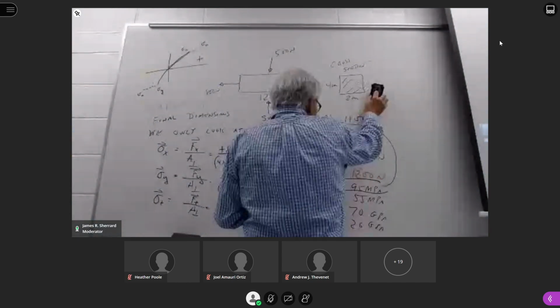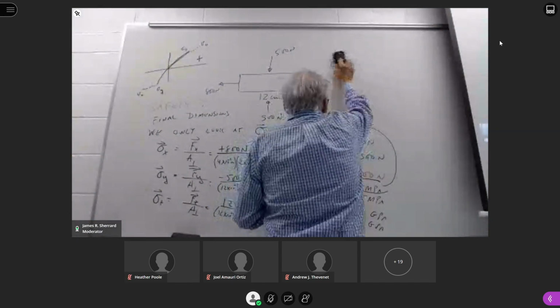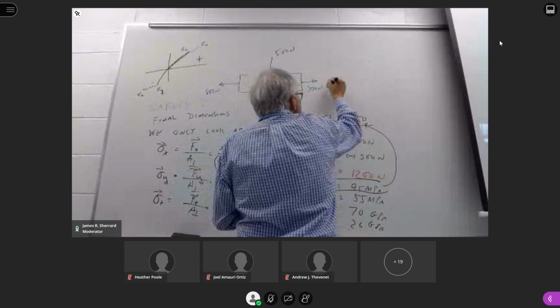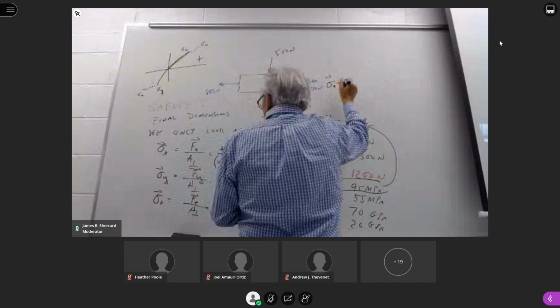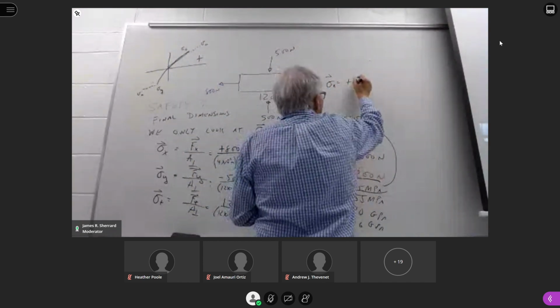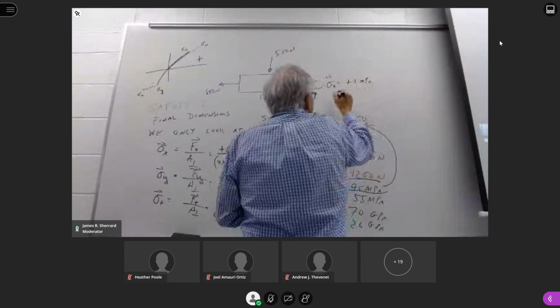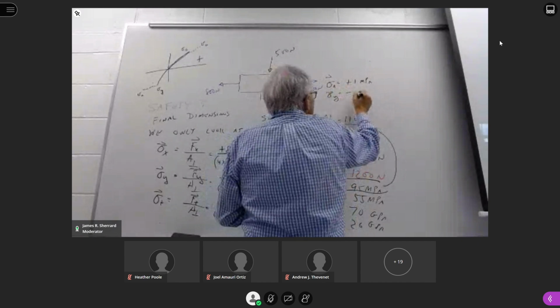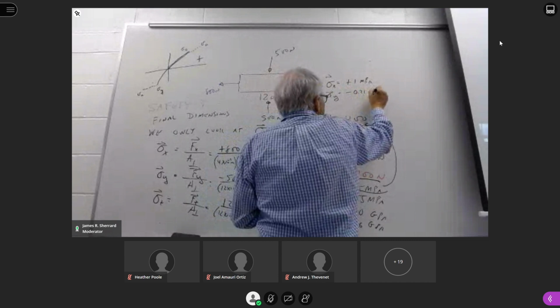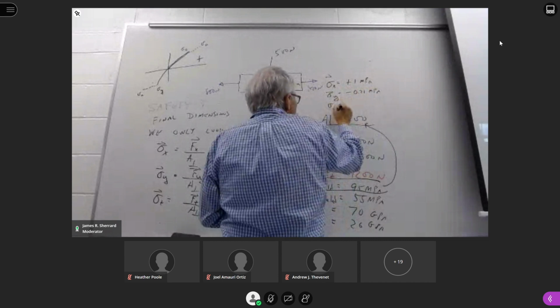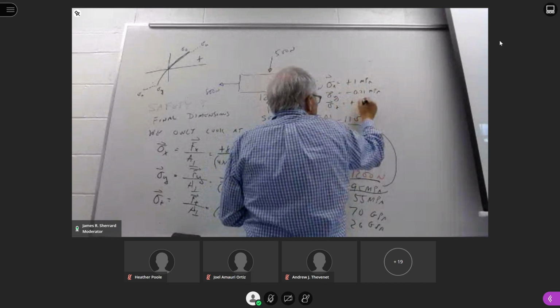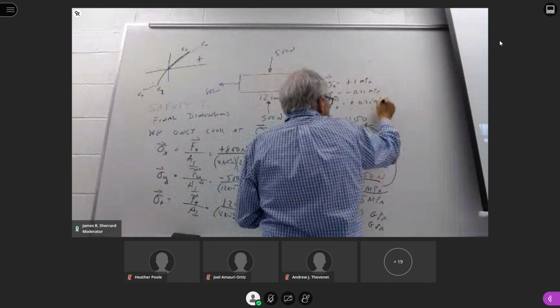So I want to save this. I'm going to put these values right up here. So sigma X was plus 1 megapascal. Sigma Y was minus 0.21 megapascals. And sigma Z was plus 0.25 megapascals.